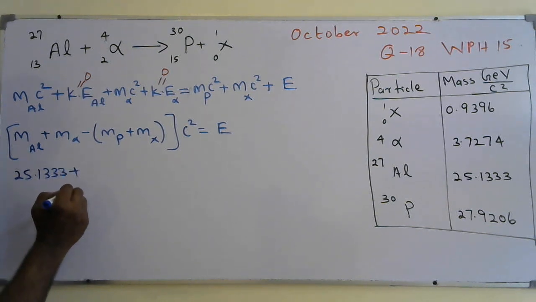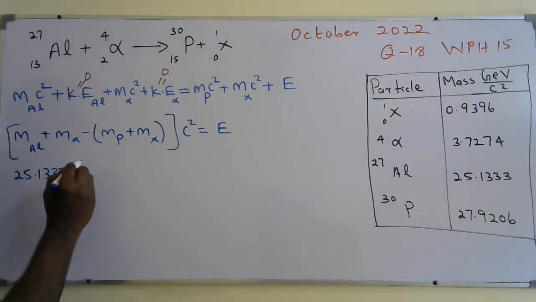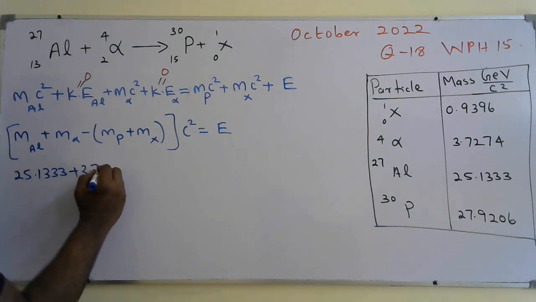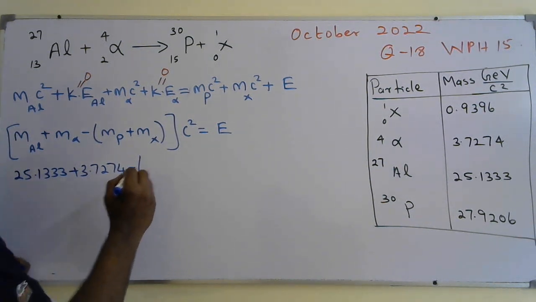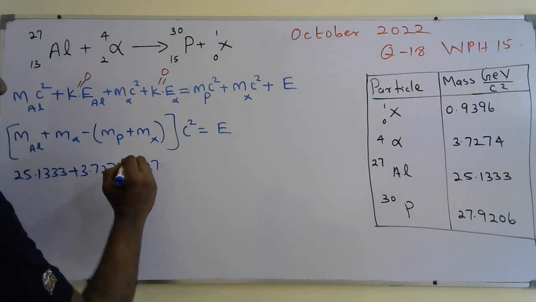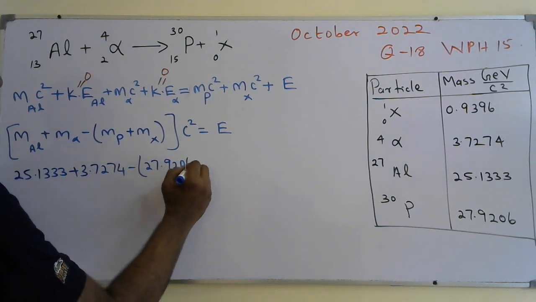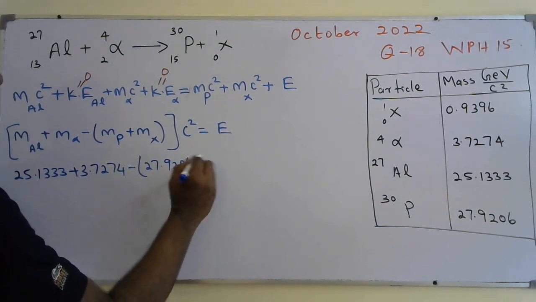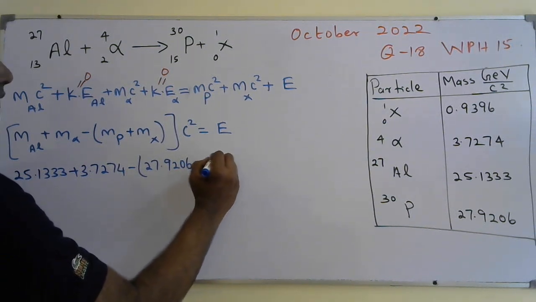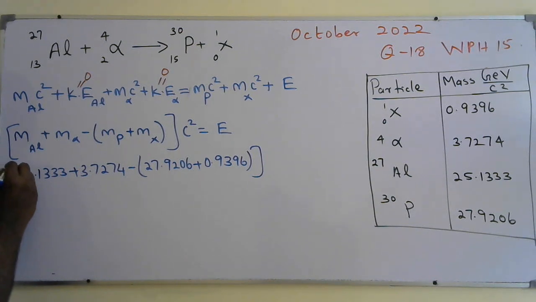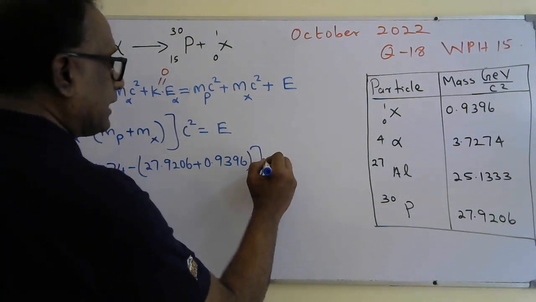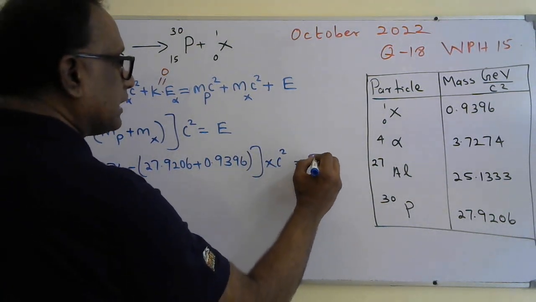Mass of alpha 3.7274, minus mass of phosphorus 27.9206, plus mass of X is 0.9396. This is all in giga electron volt over c squared, into c squared, equal to E.